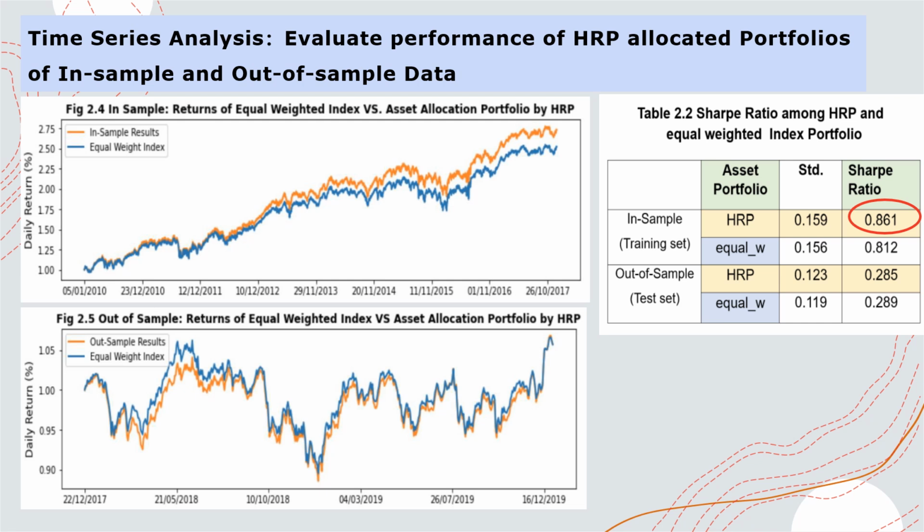However, in figure 2.5 below, the HRP allocated portfolio displays lower performance compared to the baseline in the out-of-sample data, especially in 2018. It implies that the HRP method may be influenced by the limitation of the dataset or significant market changes over the period.